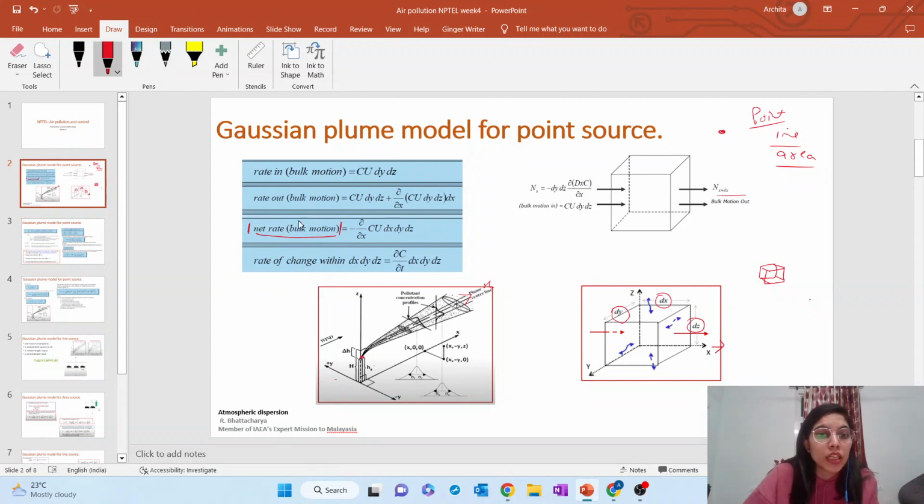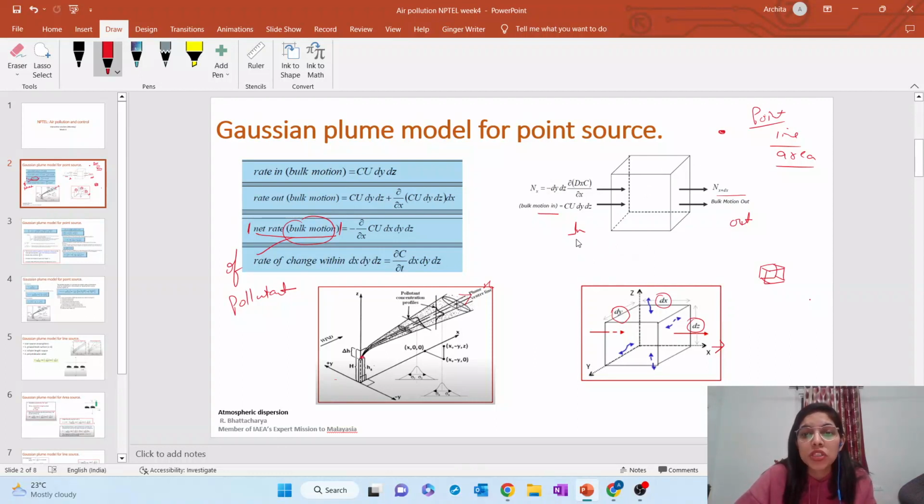That will be the bulk motion of the pollutant. So to calculate it, we find how much is going in and how much is coming out of this cube.